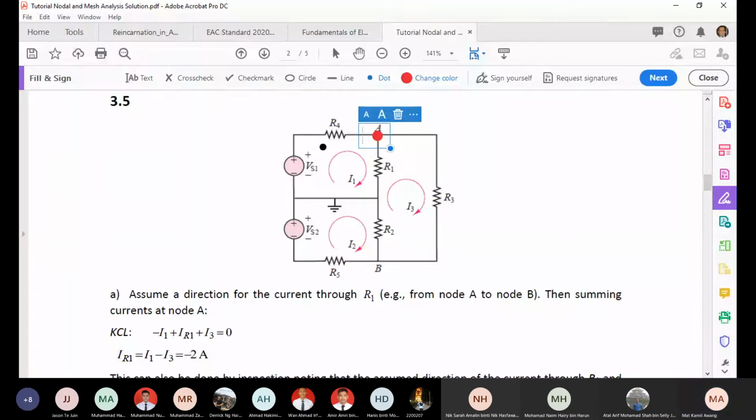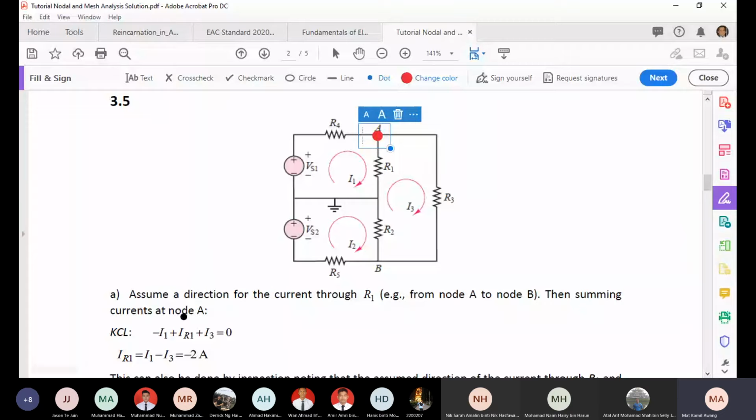So you have I1 going in equal to I3 plus IR1, or in this convention where going in is minus, minus I1 plus IR1 plus I3 equal to 0.